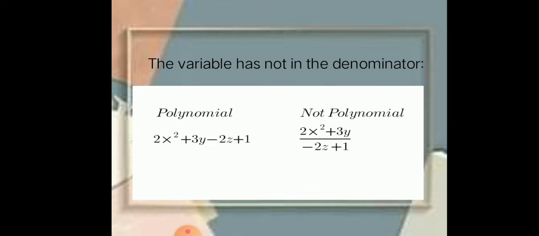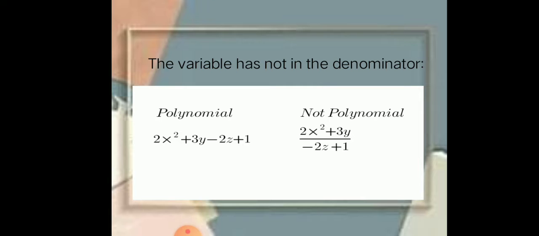Next, the variable is not in the denominator. So in the example of a polynomial, 2x squared plus 3y minus 2z plus 1. In the not polynomial, 2x squared plus 3y all over negative 2z plus 1.